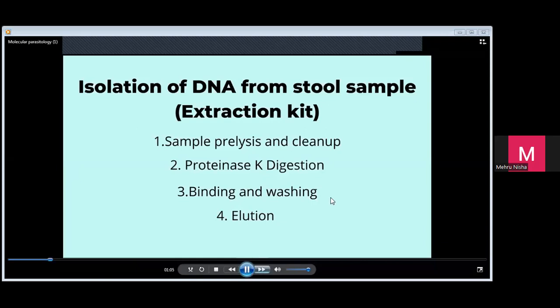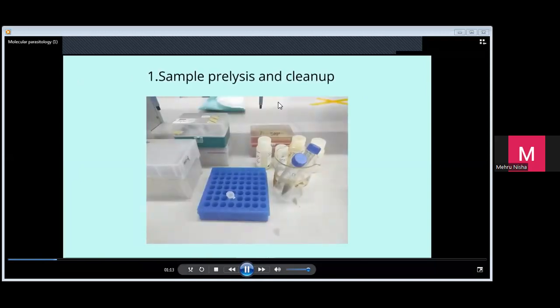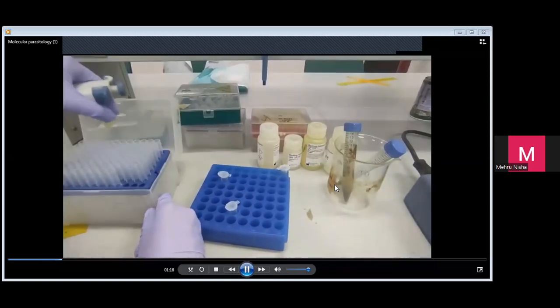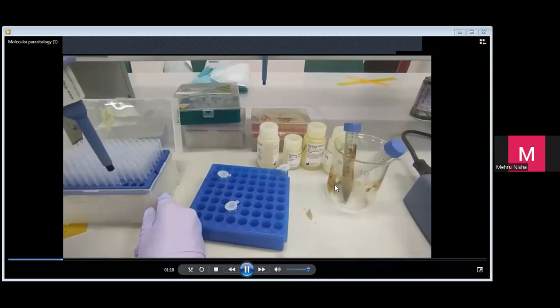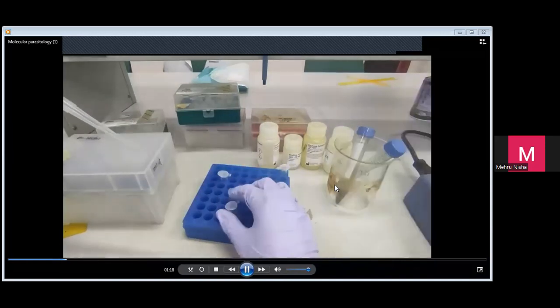Let's see. So this is also a very important step, pre-lysis and cleanup. We have to use a very clean pipette tip after autoclaving.